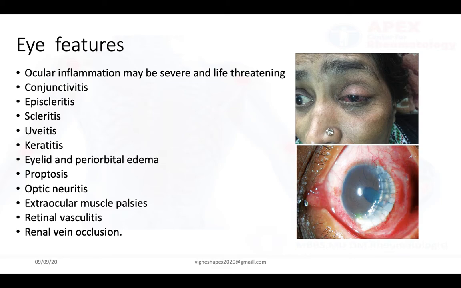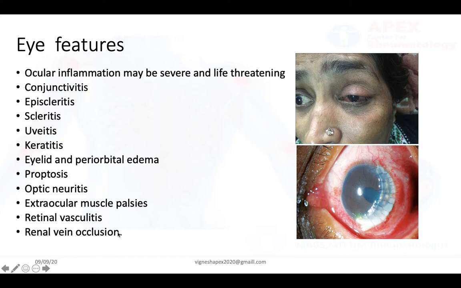So going to the eye, any layer of the eye can get involved. Right from the periorbital region, which will have periorbital edema, they may have conjunctivitis, episcleritis, scleritis, keratitis, uveitis, anything. Proptosis because of muscle inflammation, extraocular muscle palsies, and inside the eye, retinal vasculitis and retinal vein occlusion.